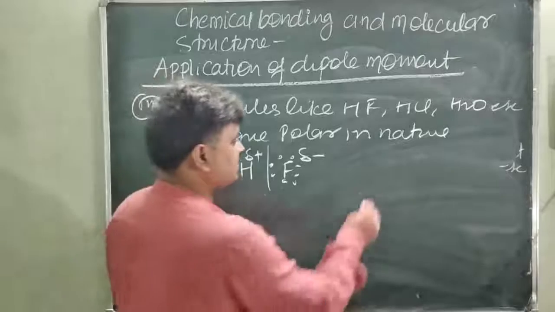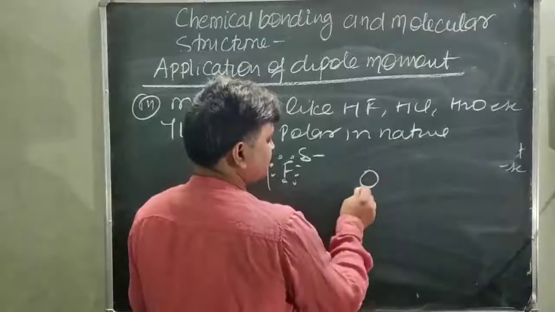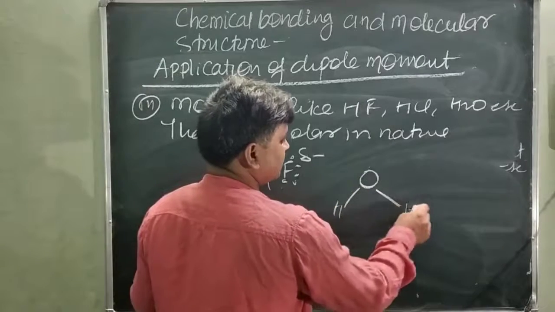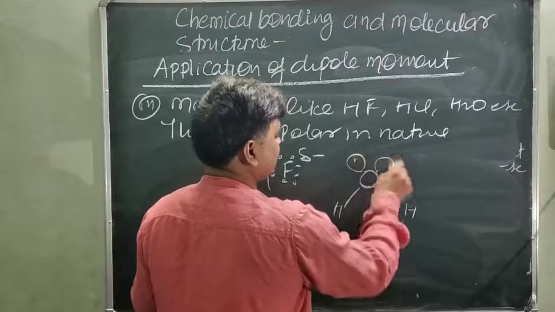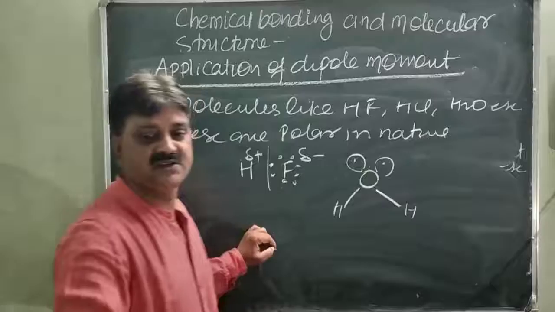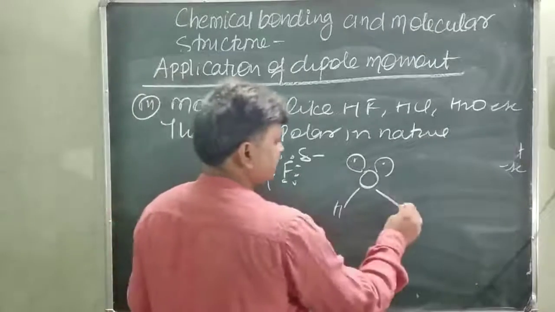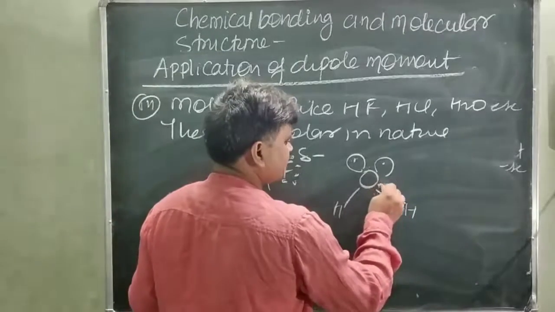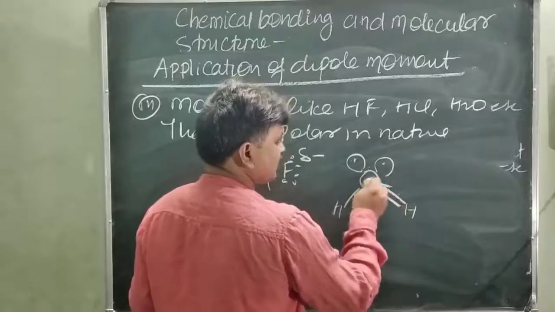Just like in the case of H2O, you know that this is the formation of hydrogen, and this is the lone pair of electrons, and it is a bent structure. The electron moves toward the oxygen side because oxygen is more electronegative than hydrogen.